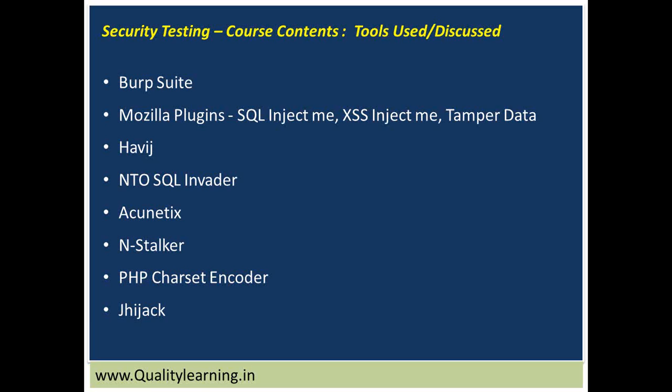Character set encoding helps us in doing encoding and decoding, and with JHijack we will try to hijack a session if we want to. So there are a lot of tools that we will be using. I will introduce tools whenever we deal with the concept or the proper area wherein we can use that particular tool.